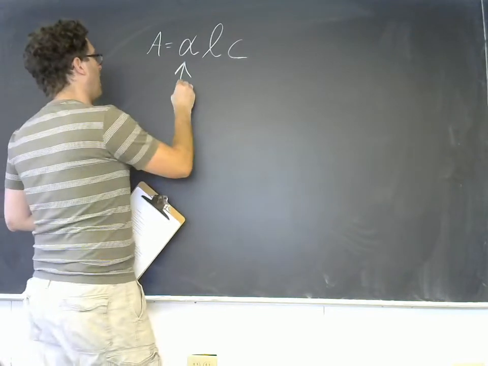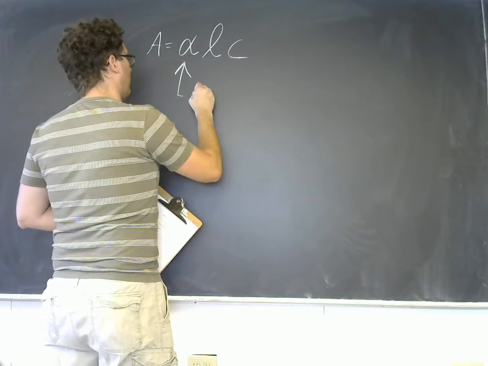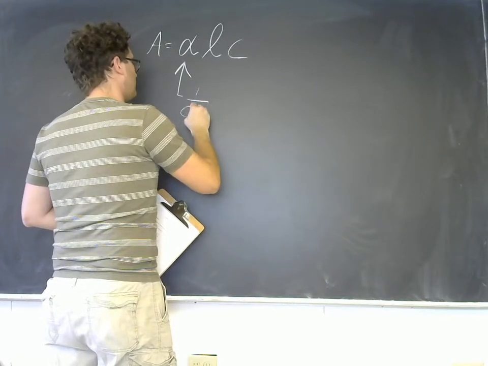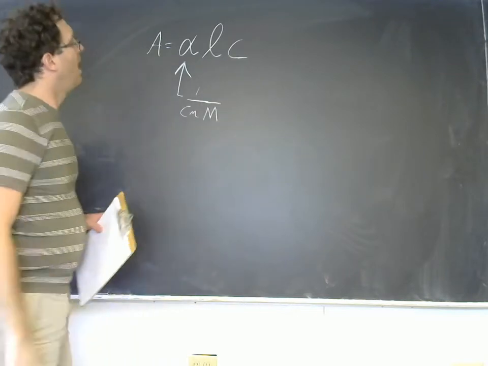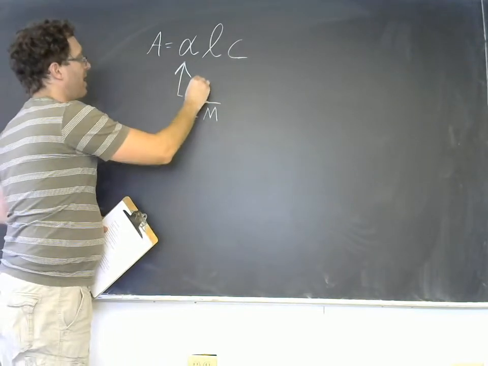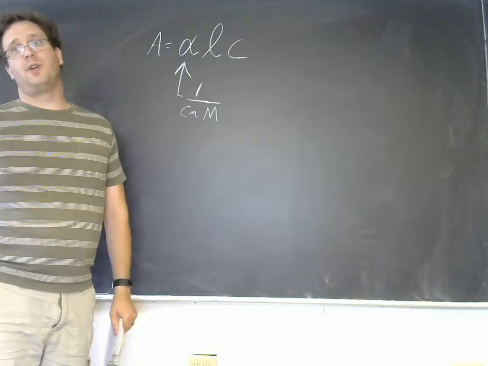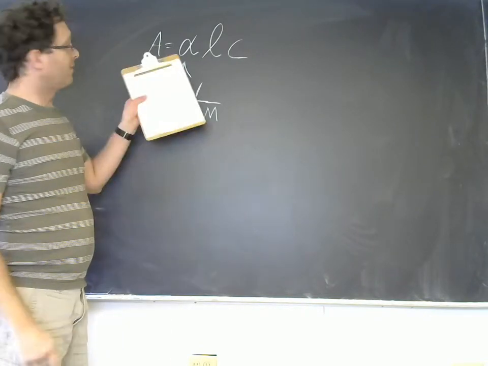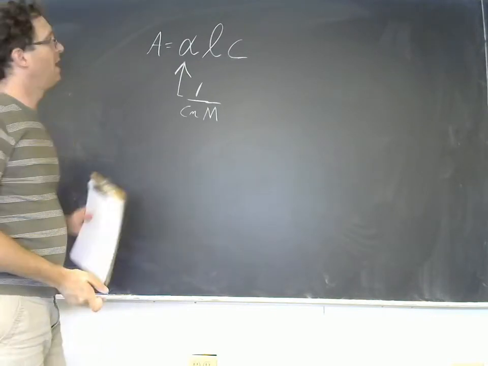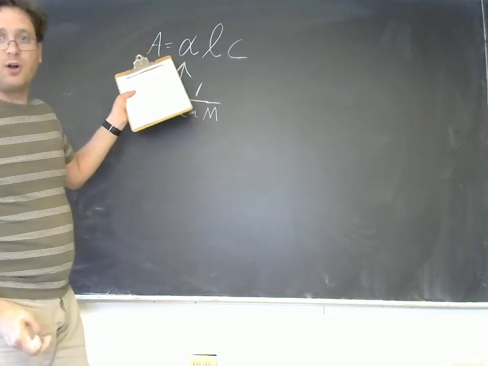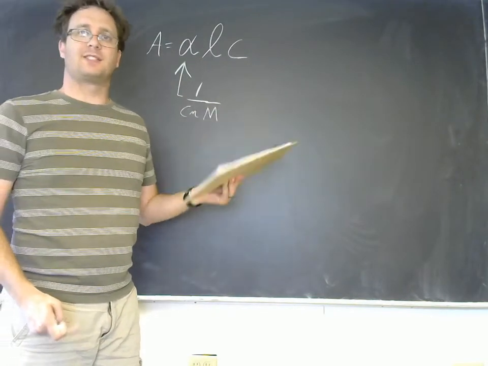It will have units of inverse centimeters, inverse molar concentration. A higher value for alpha is going to be a darker solution, and a lower value for alpha will be a lighter solution for equal concentrations. Alpha is sometimes called an absorption coefficient, and sometimes it's called an extinction coefficient.